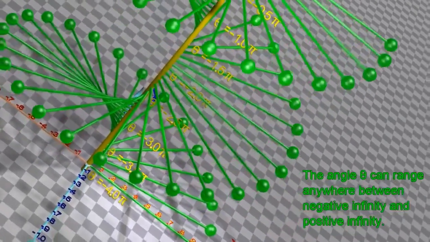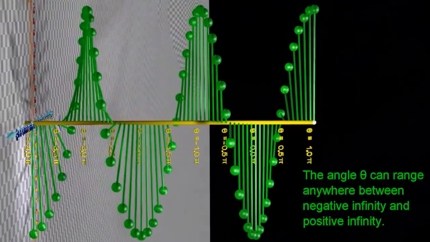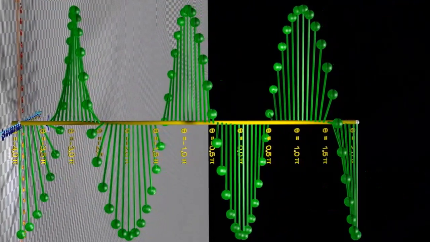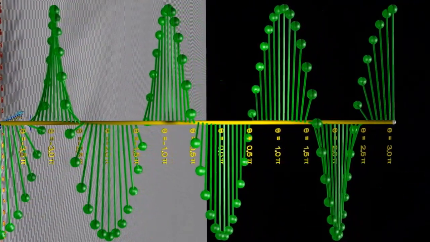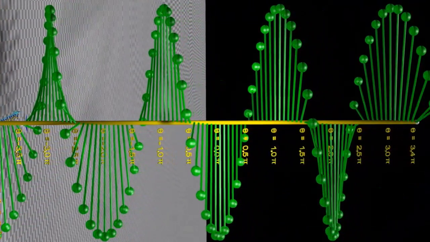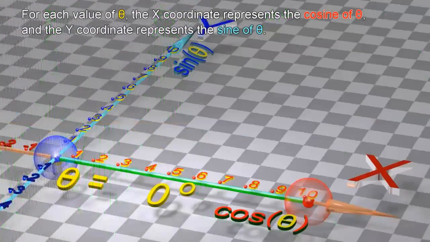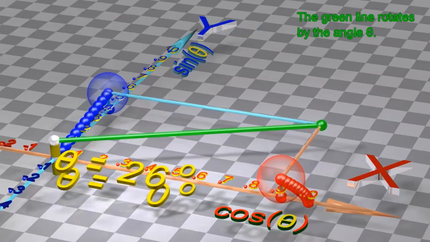The angle theta can range anywhere between negative infinity and positive infinity. each value of theta, the x-coordinate represents the cosine of theta, and the y-coordinate represents the sine of theta. The green line rotates by the angle theta.